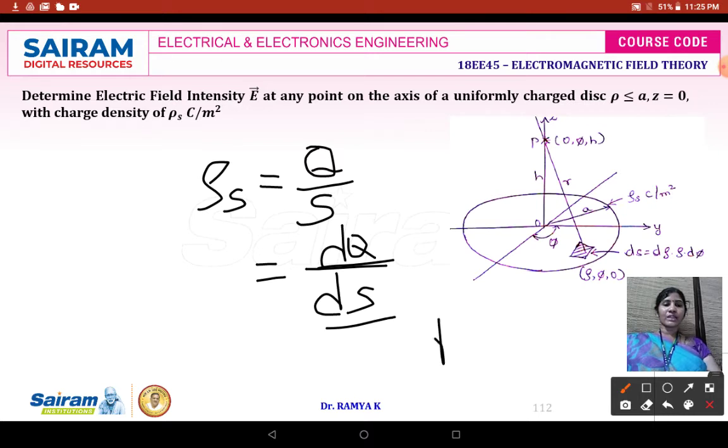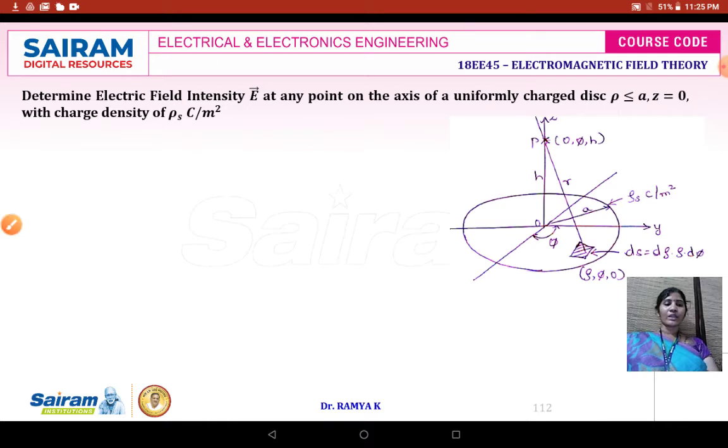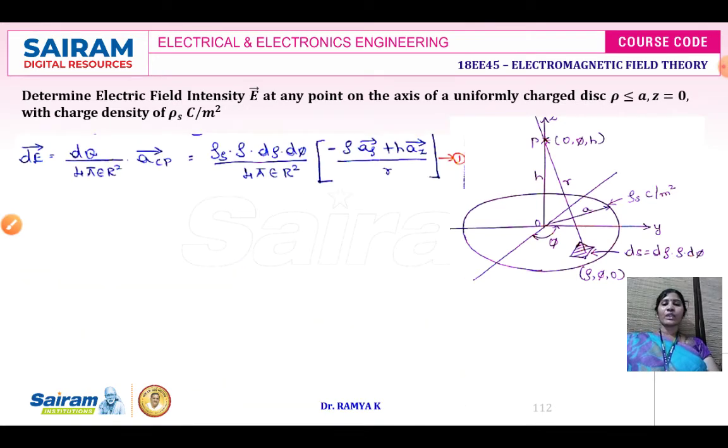Then the electric field obtained will also be differential, which is dE vector. Therefore, dE is equal to dq divided by 4 pi epsilon r square a_r. Here r is the distance between cause and effect. This is your cause and point P is your effect. The distance between the cause and effect is small r.